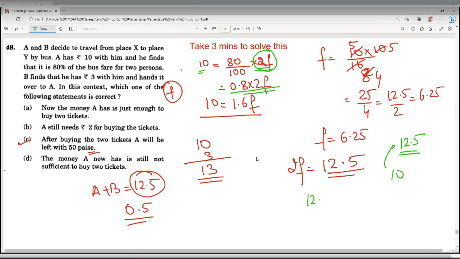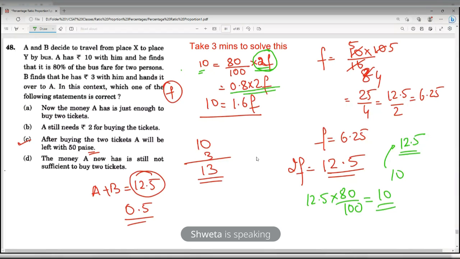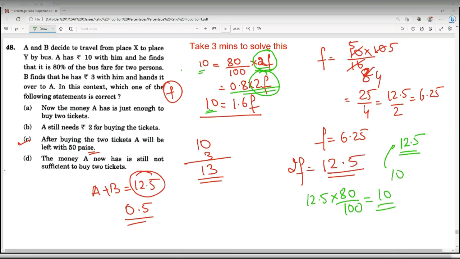So 12.5 into 80% would become 10. This is what they're saying. So the fare for two persons is 2F, and 80% of this 2F is 0.8 into 2, which is 1.6, and that amount is nothing but 10. I hope I have cleared the doubts. If you still have any, Shweta, you can ask.